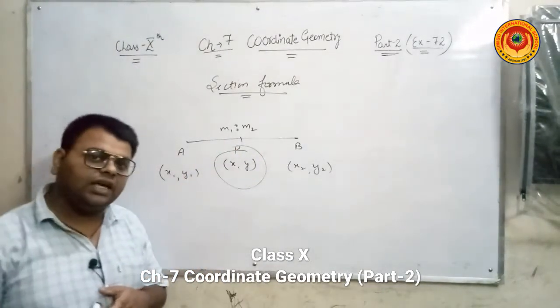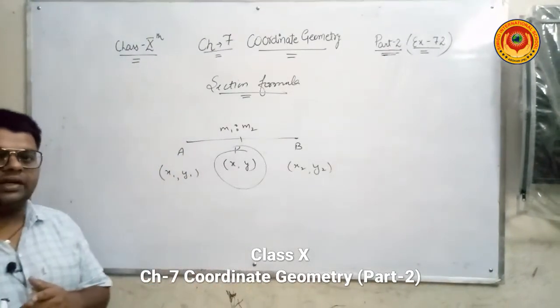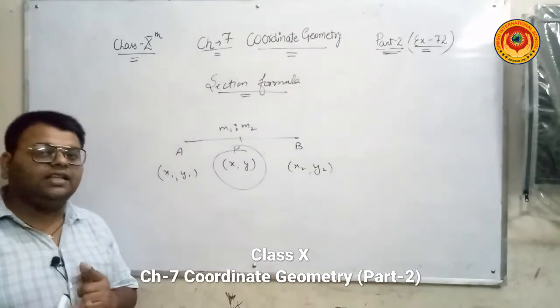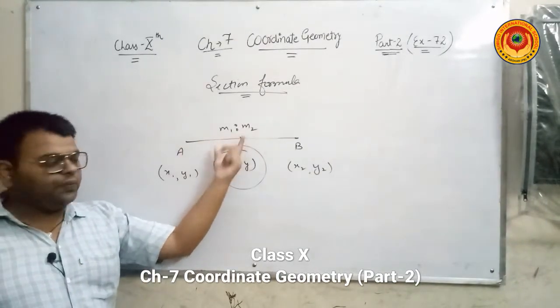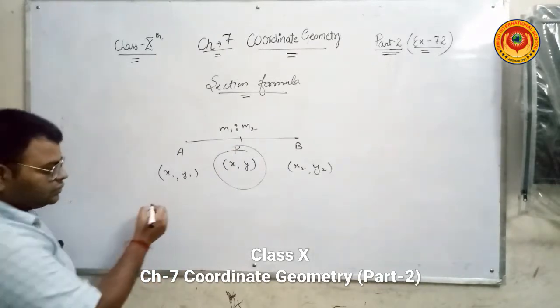Again, listen. Suppose you have a line segment AB in which a point P divides the line in the ratio m1 to m2. Then how do you find the coordinates of the point P?